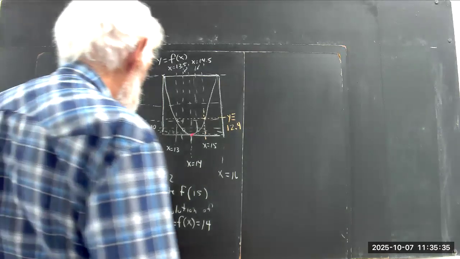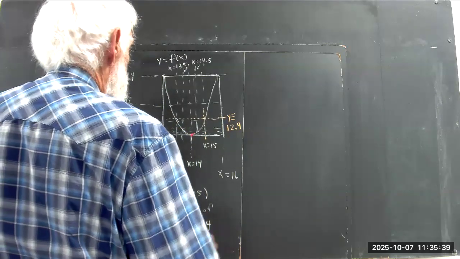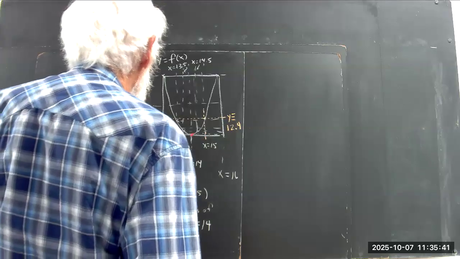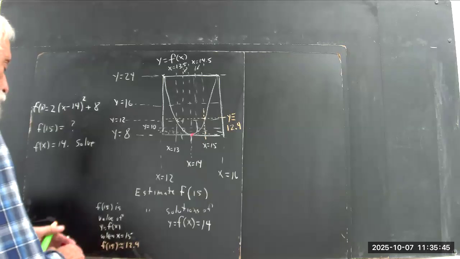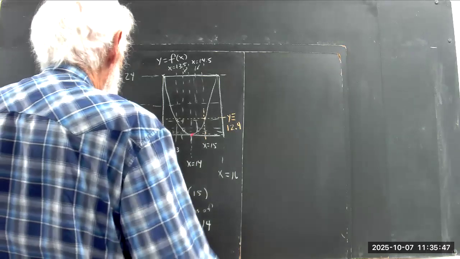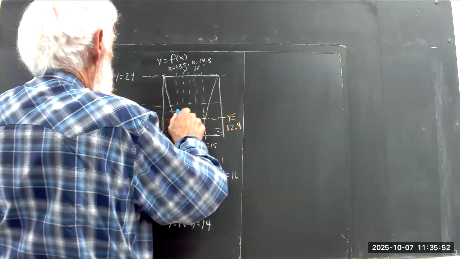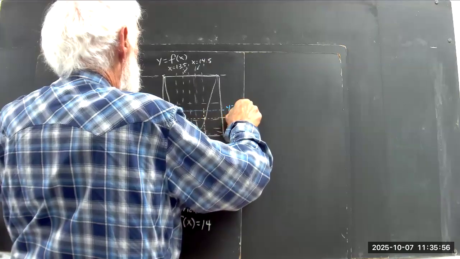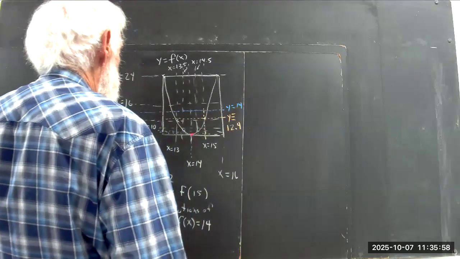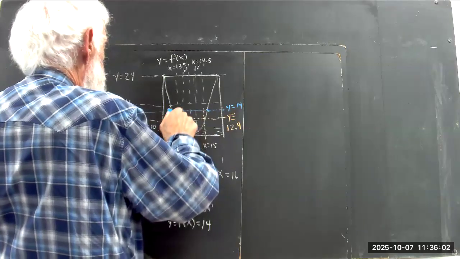And then solutions of y equals f of x equals 14. Where is y equals 14? We draw the line y equals 14, halfway between 12 and 16. And we see that this line intersects the curve in 2 points.